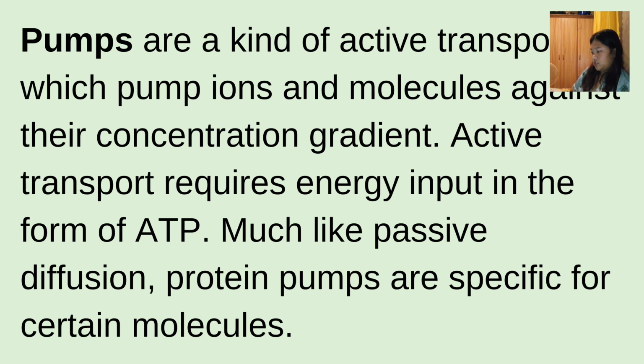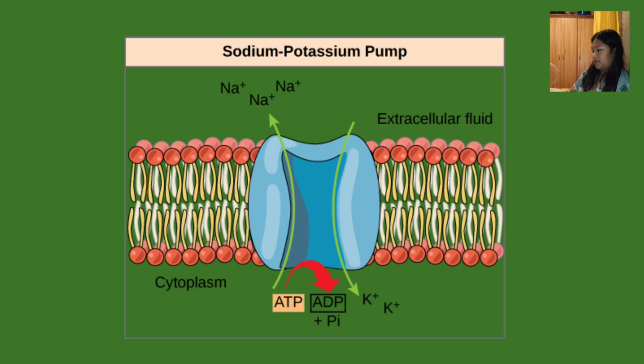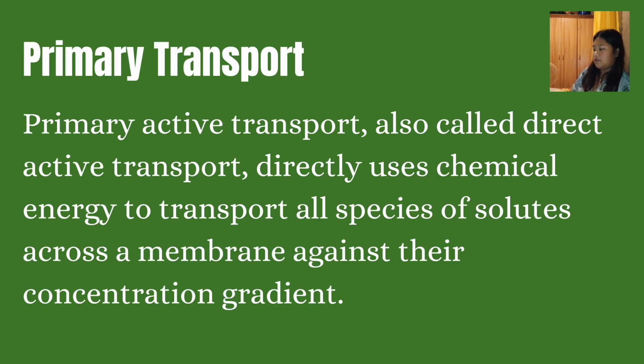So here I have the picture. You can see that we have the pump here. Earlier I said that pump transport has primary and secondary transport. Here's the primary transport, also called direct active transport. It directly uses chemical energy to transport all species of solutes across a membrane against their concentration gradient.